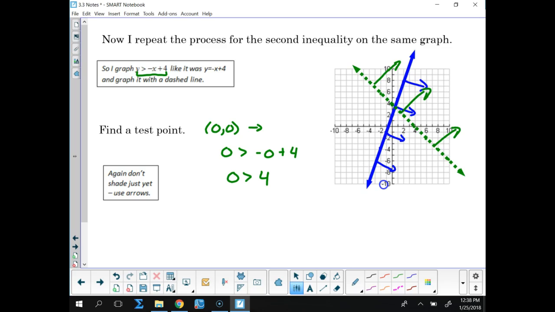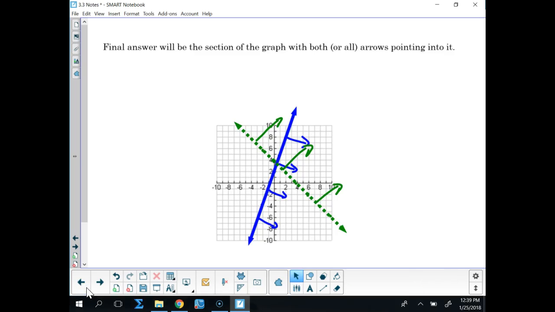Okay? But I don't shade yet because now I might have to repeat that for another one if I had a system of 3 equations or 3 inequalities. Or a fourth one if I had 4, and so on and so forth. So now my final answer is going to be the section of the graph where both, or all 3, or all 4, or however many I have, arrows are pointing into it.